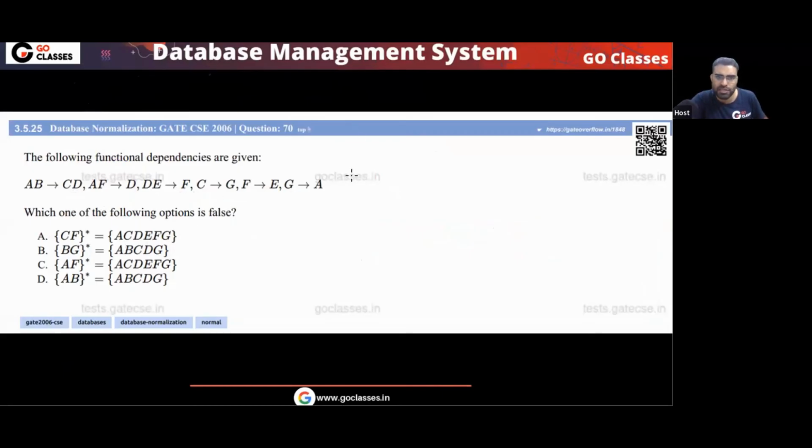What is the closure of BG? BG can determine BG by the reflexive property, the trivial FD. What else? G can determine A, so you got A also.